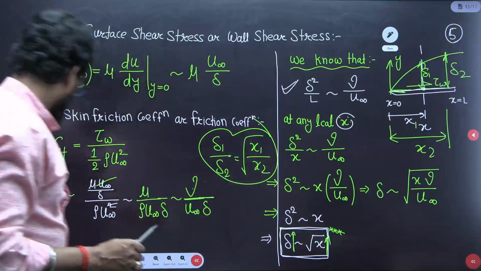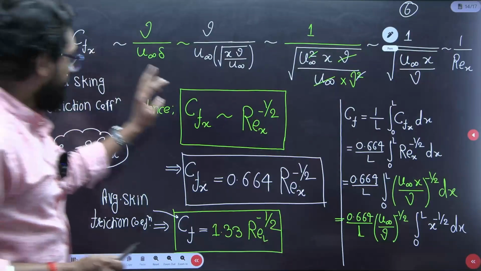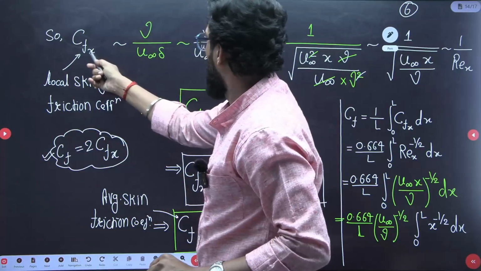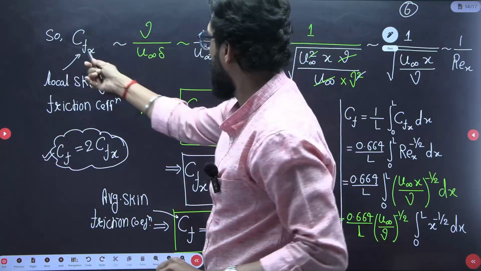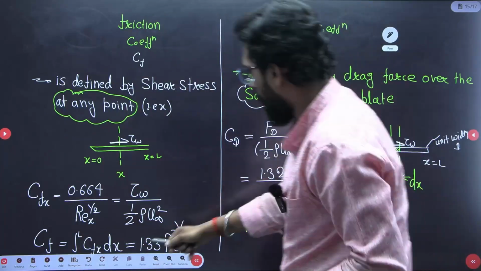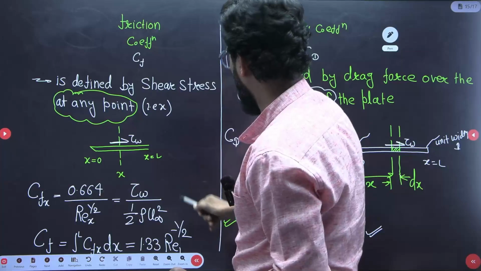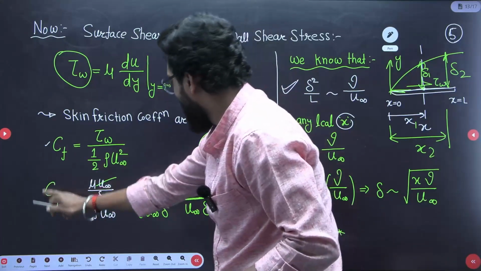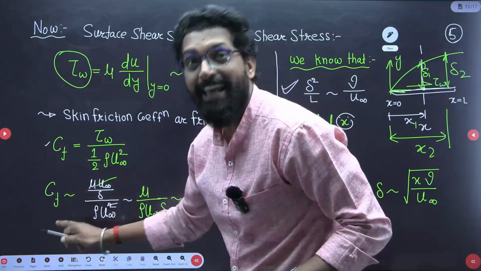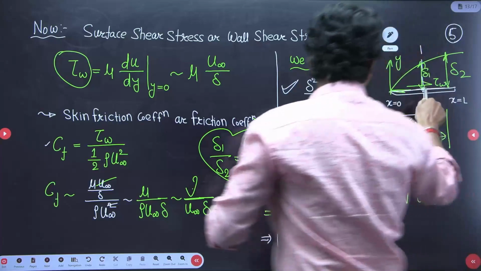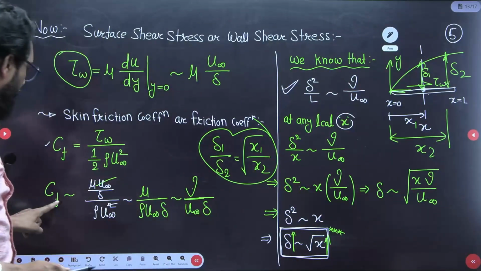Now my dear, let us find the local skin friction coefficient. Cf is the average. We have to find the local value at any point x.